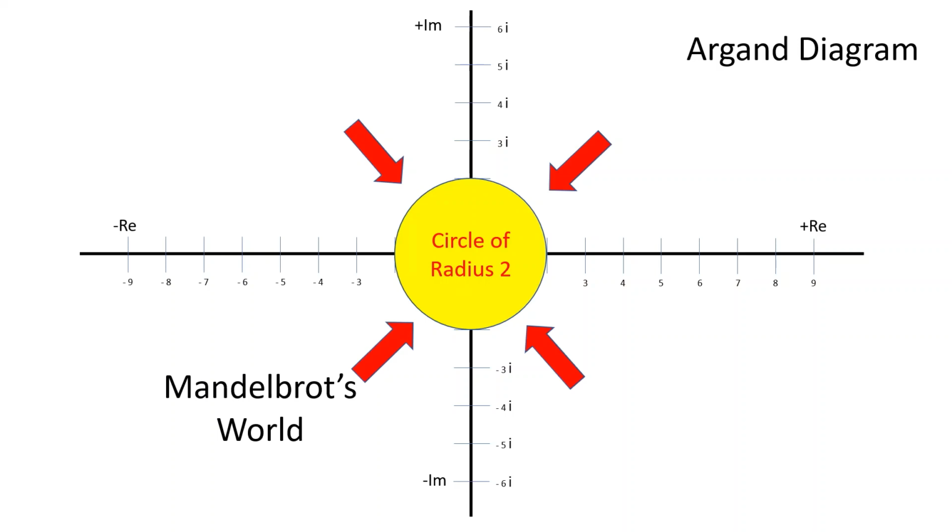Now, what do you think Mandelbrot did within this circle of radius 2? He experimented with picking points. Just like we picked points earlier, he picked complex numbers within the circle of radius 2.